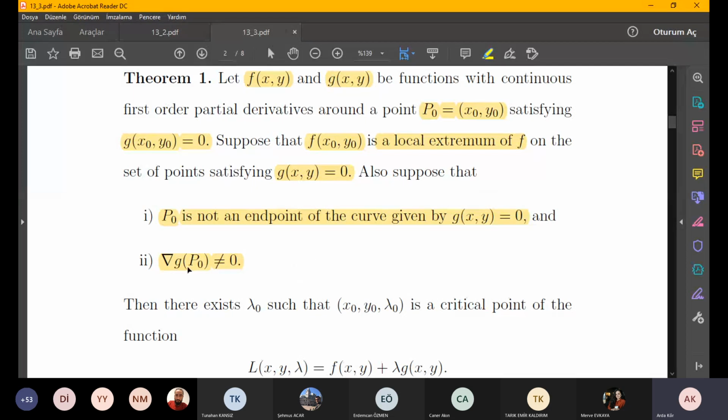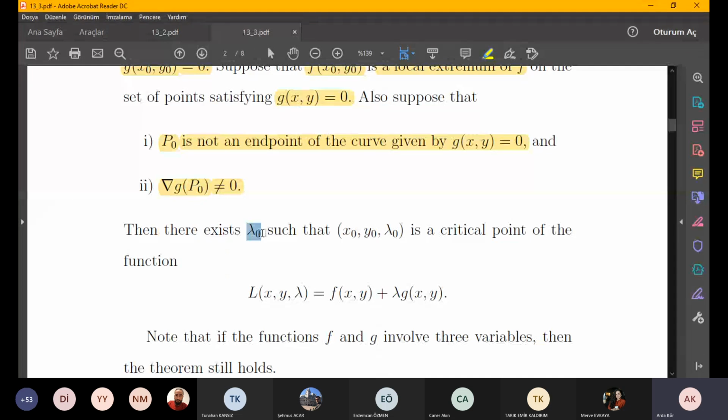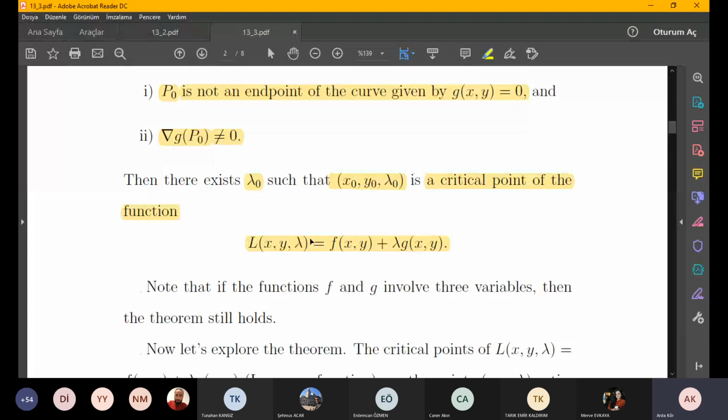Then there exists lambda 0 such that (x0, y0, lambda 0) is a critical point of the Lagrangian function: L(x,y,lambda) equals f(x,y) plus lambda times g(x,y). So this is our function, and this is the constraint function g(x,y).